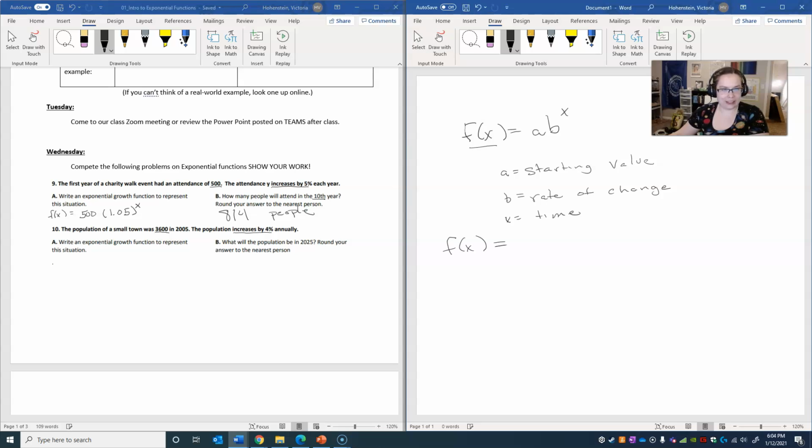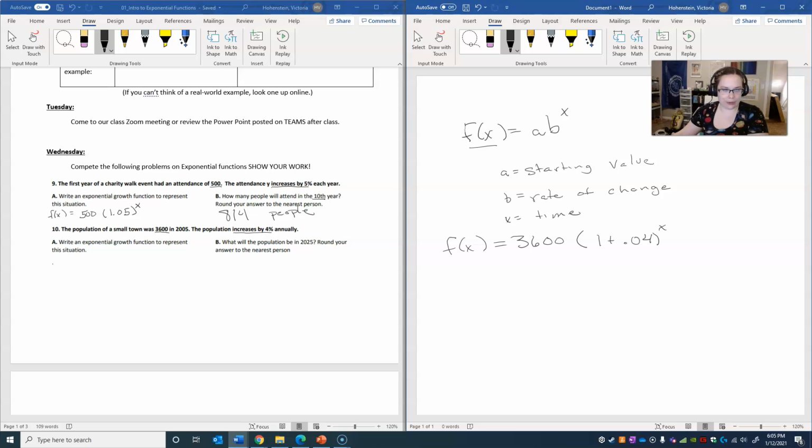So f of x equals a, our starting value, so this is going to be 3,600 times b, which is increasing by 4%. So 1 plus 0.04, and that is to the exponent that represents time.